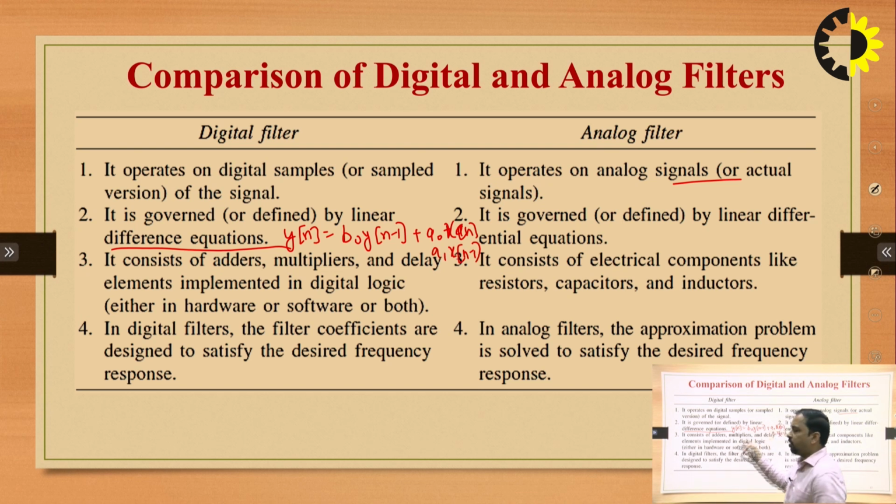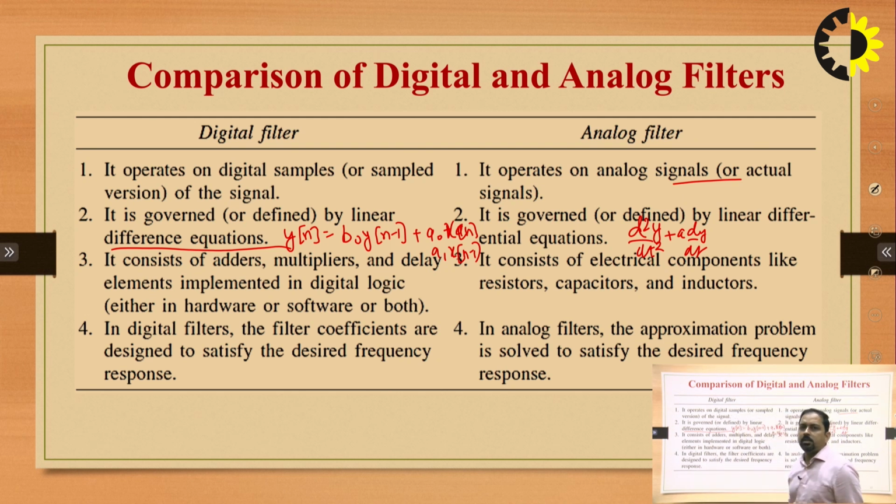This is called a difference equation. Whereas the analog filter is governed by a differential equation. We have, let's say, d2y by dt squared plus some a times dy by dt, and again to the right, we have x(t) and derivatives of x(t).